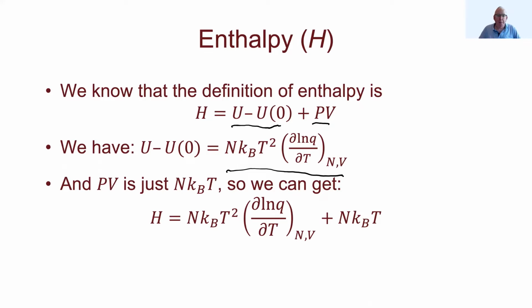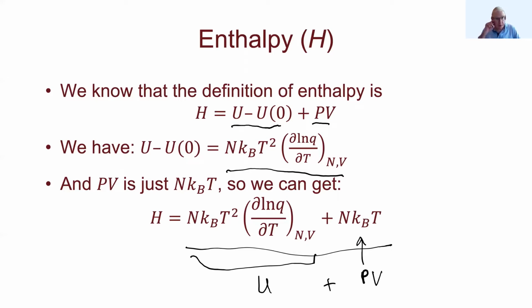But if we take that and go with it, then we would get this for our enthalpy, where this piece here is my U, and this piece here is PV. So that's U plus PV. It matches what we expect and need for it to be the enthalpy. Okay, so that gets us a route to enthalpy.